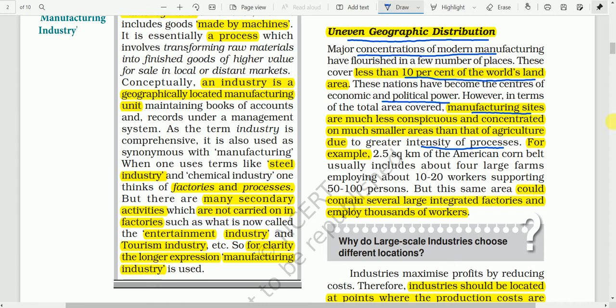For example, 2.5 square kilometer of American corn belt usually includes about 4 large farms employing only about 10 to 20 workers, supporting 50 to 100 persons only.